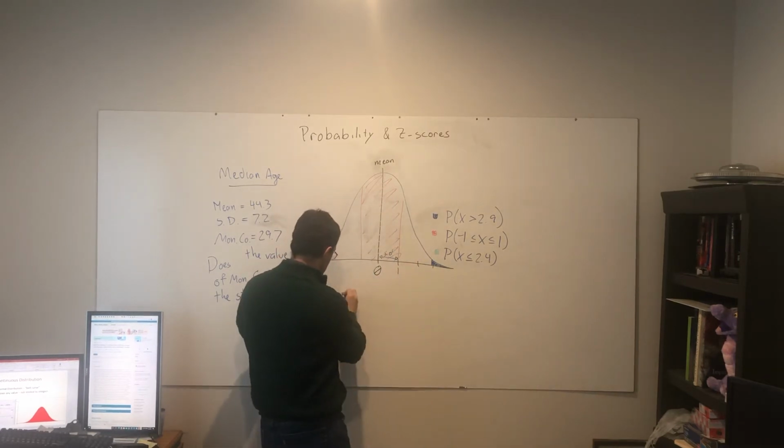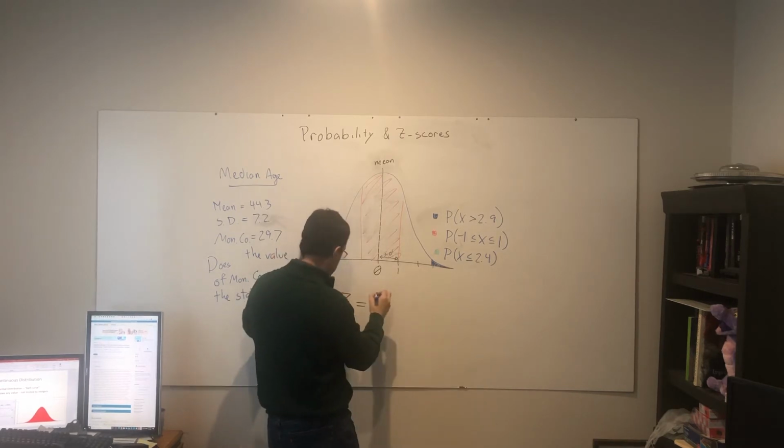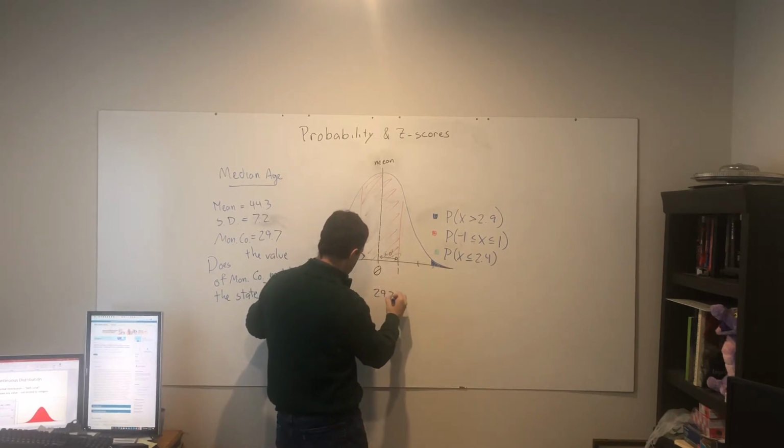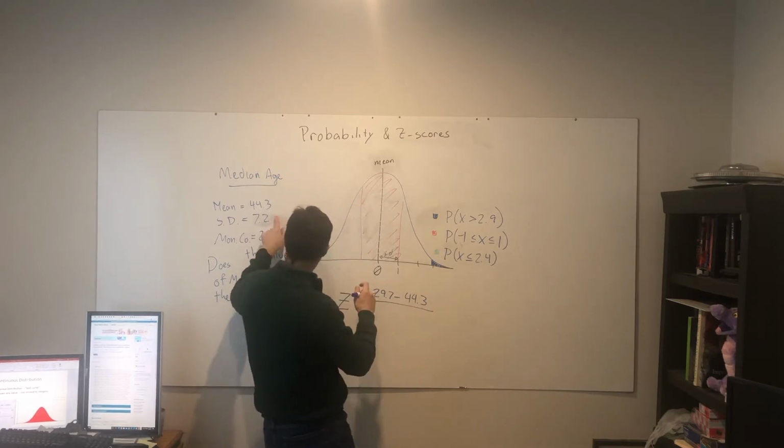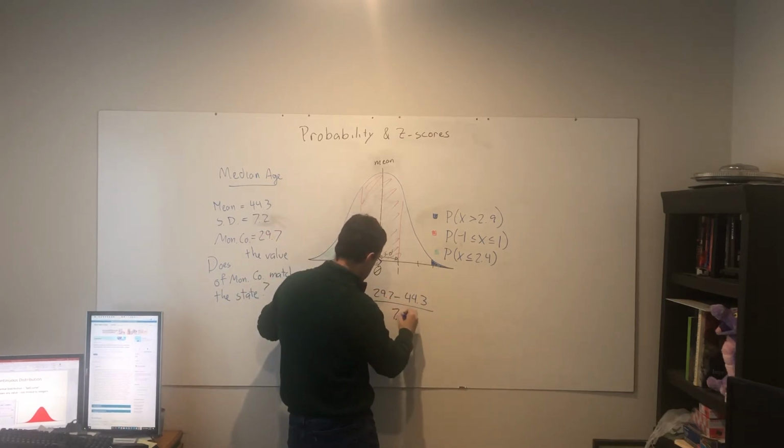So I can get a z-score by taking the original value, subtract the mean, divide by the standard deviation.